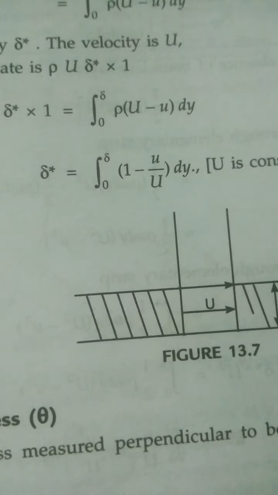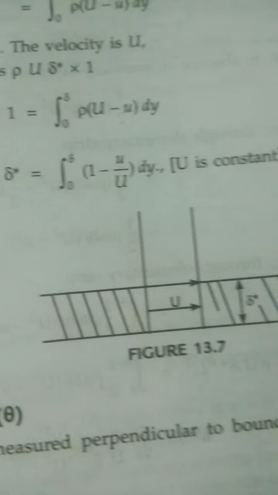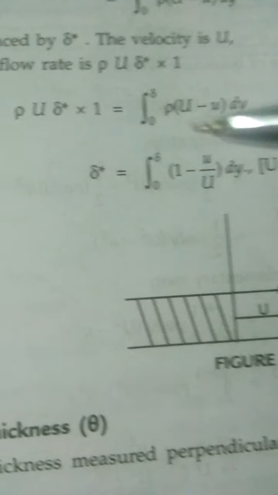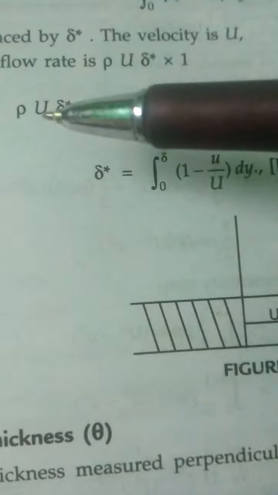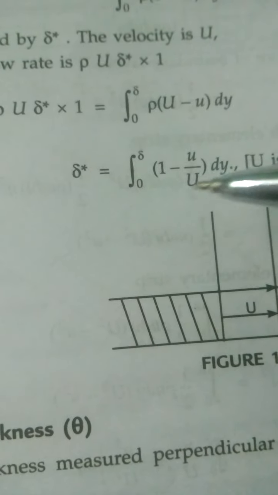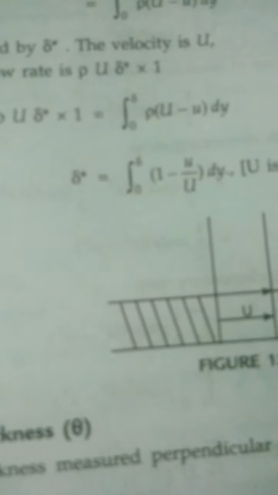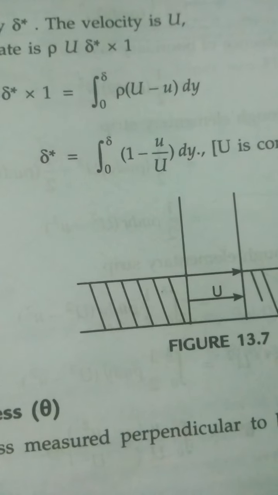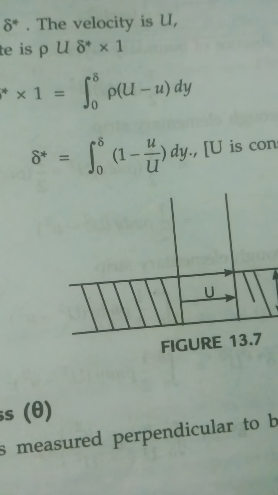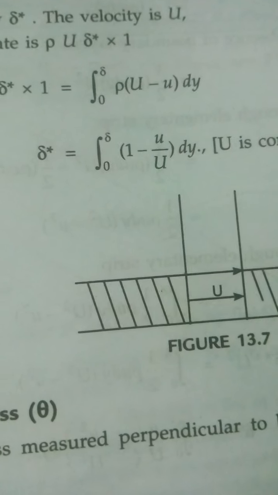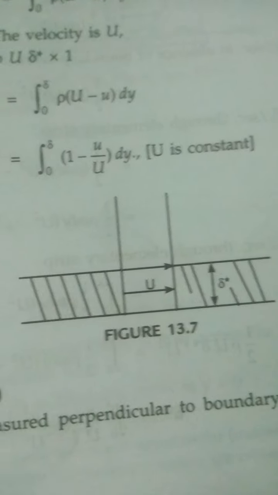So this is the equation, and in this equation U is of course a constant, otherwise capital U cannot enter under the integration. This is the most important equation for delta star, and this is the displacement thickness.